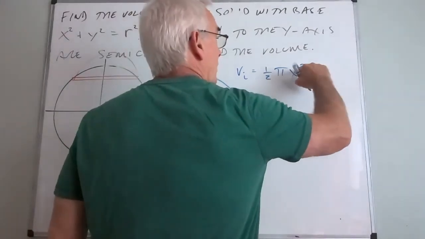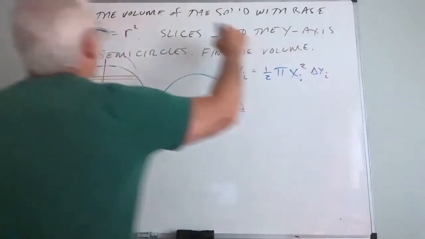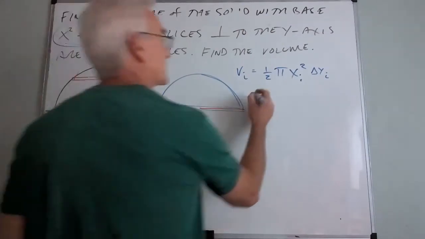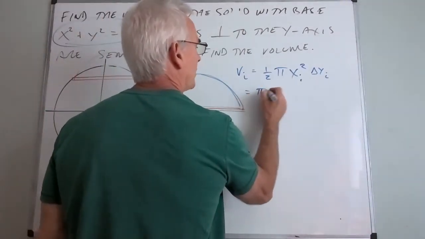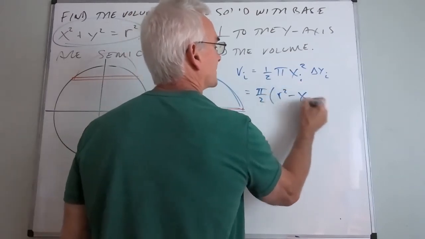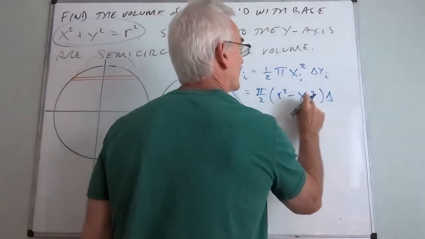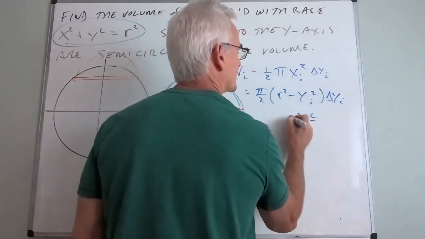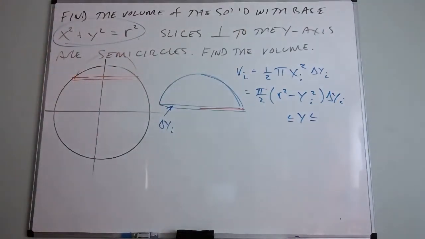I need y, so I'm going to replace x squared with something y-ish. So I'm going to replace x squared with r squared minus y squared. And if you want to put pi over 2, that's fine. And so this would become r squared minus yi squared delta yi. What's y going to range from?